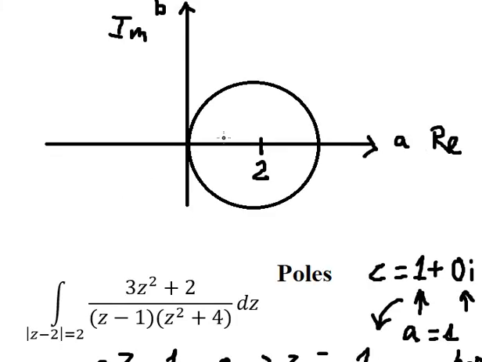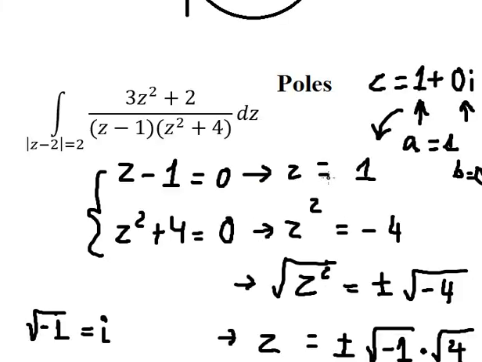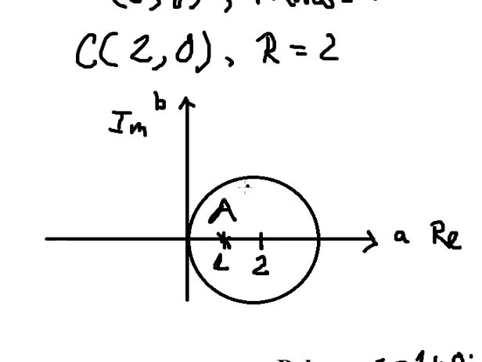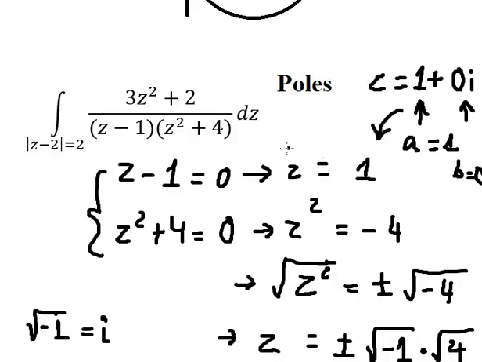So a equals 1 we put here, and b equals 0, so that is this location. This is point A. So z equals 1 is inside the contour, so we will consider this one.